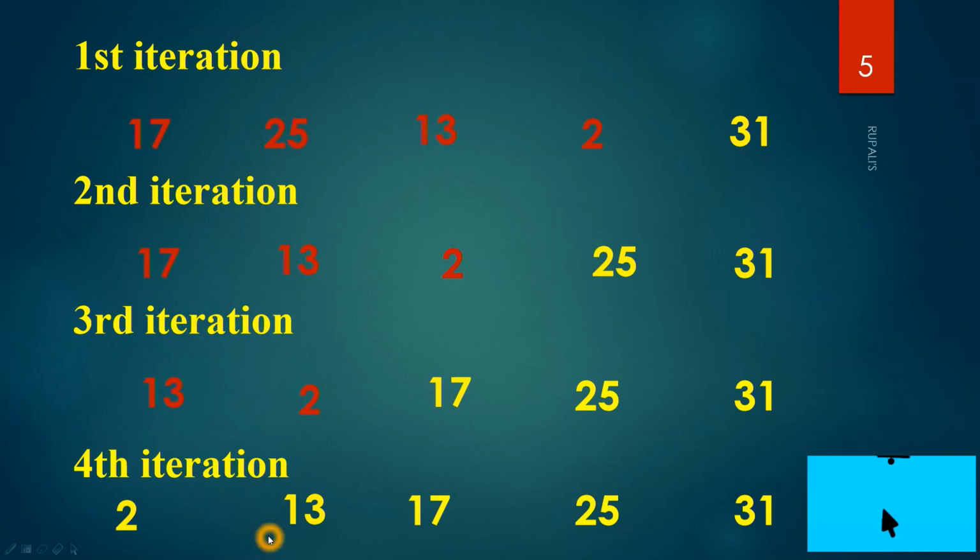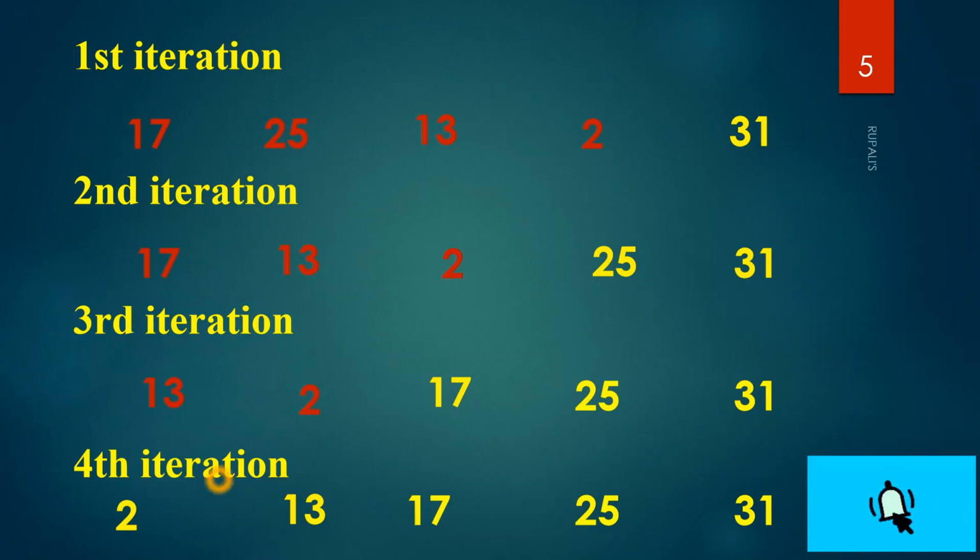So if there are n elements, then n minus 1 iterations are required, and if the number of elements is 5, the first iteration requires 4 comparisons, the second 3, the third 2, and the fourth 1.